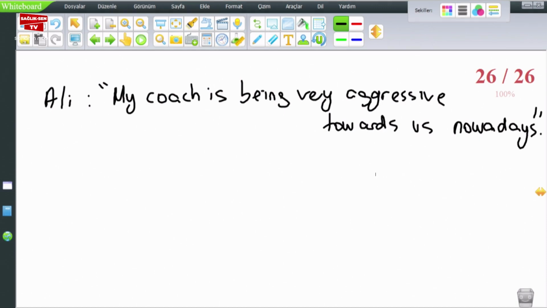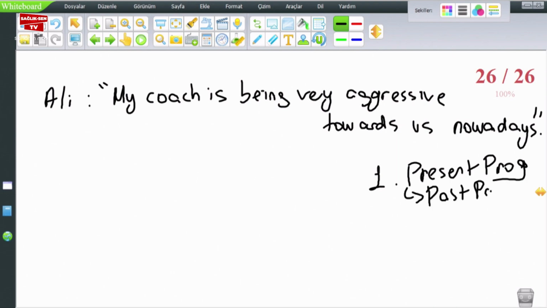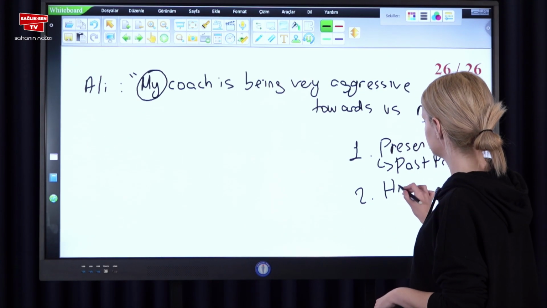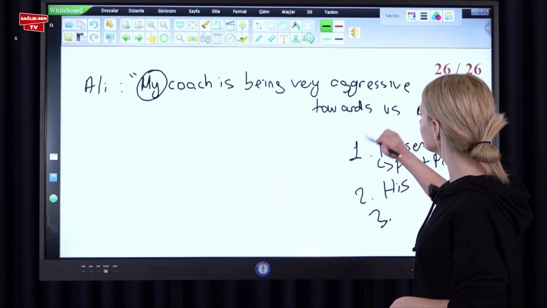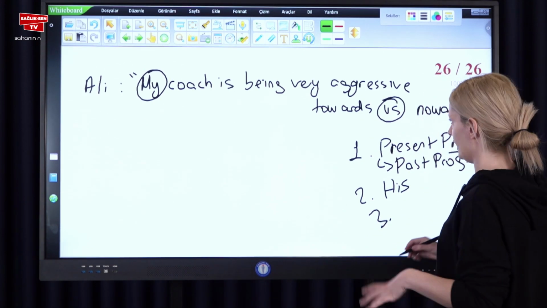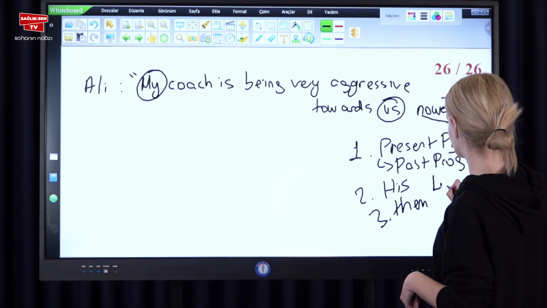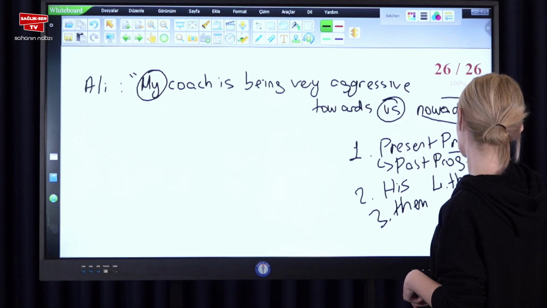So, you can see that our tense in this sentence is present progressive, which I will replace with past progressive when I'm delivering the sentence, and a possessive adjective I will deliver as his, an object pronoun, and a time expression at the end of the sentence.